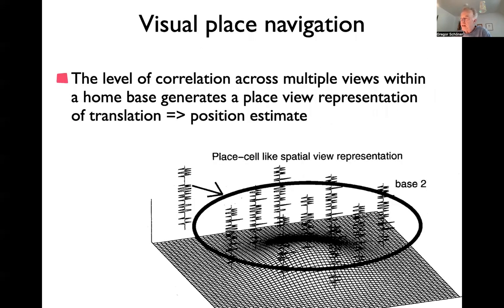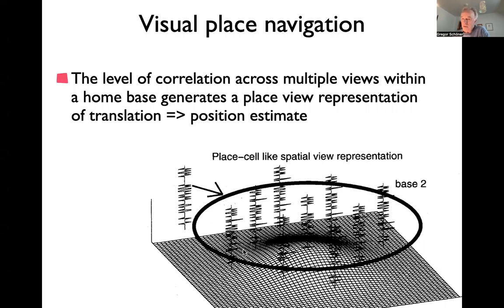So in this model, when we were entering an area where there's a home base, the system would start to get good correlations, and based on that, it would first pick out which orientation it has by finding the argmax, the angle at which this correlation is maximal. And it could then use the correlation with a number of different views it took within the home base to estimate exactly where it is in space.